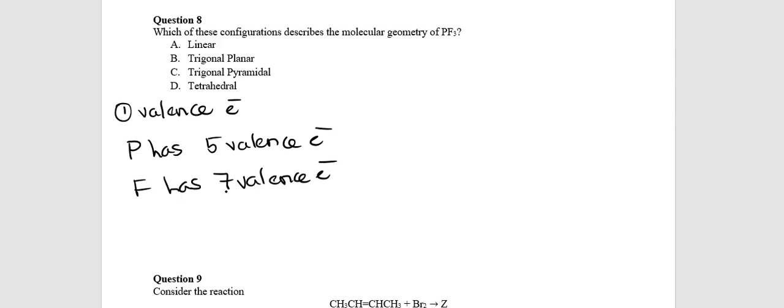You can also find out this information by looking at the periodic table. Now what this means is that P is going to need 3 more bonds and F is going to need 1. So the actual valence structure for PF3, and the valence structure does not show the actual shape, will look like that.